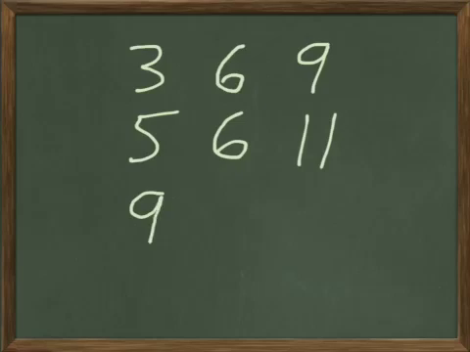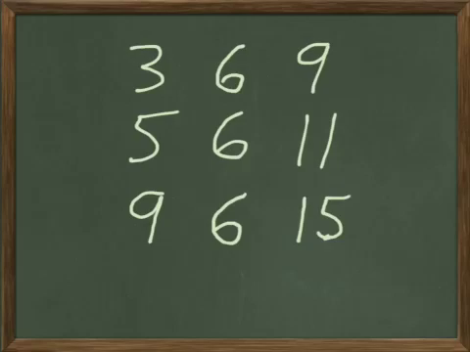So she travels 9 miles by water and 6 miles by land. So 6 miles by land could be walking, running, horseback riding, bicycle, who knows, motorcycle. But how far did she travel altogether? 9 and 6 are 15. So she traveled 15 miles altogether.